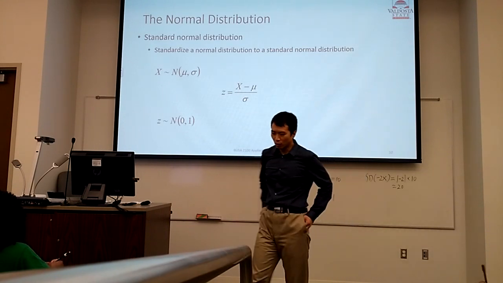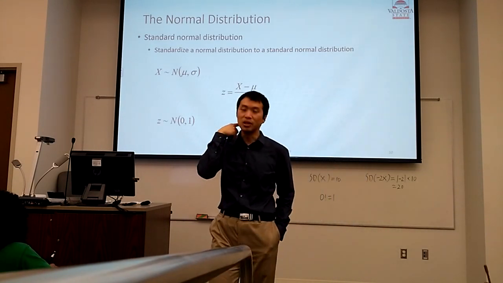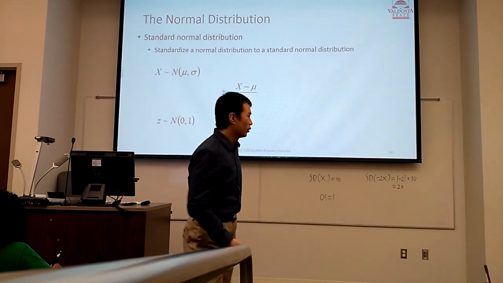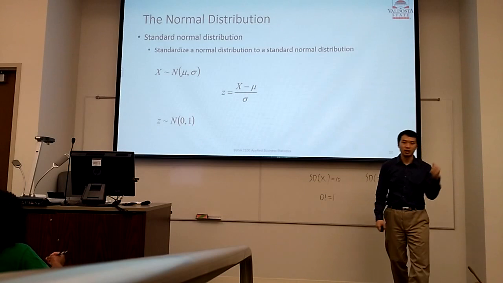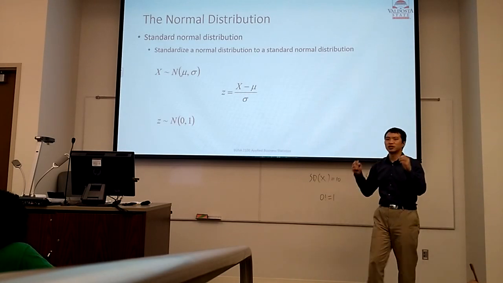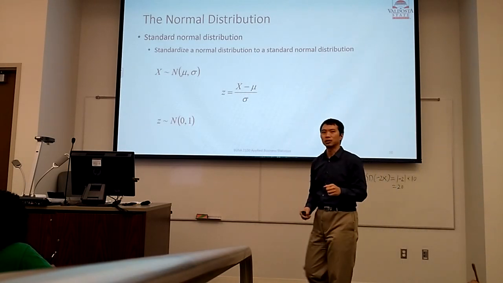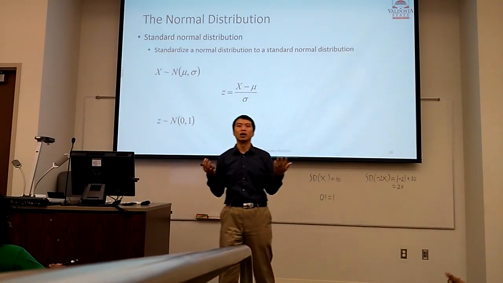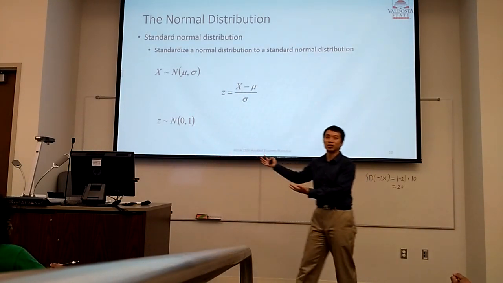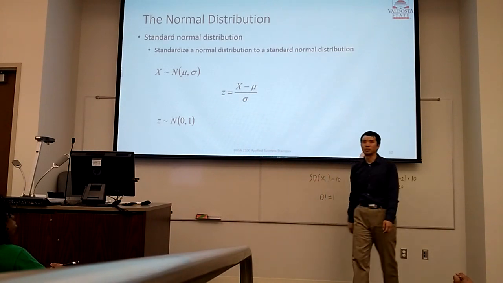Because when we talked about this, we said when we do this standardization, when we calculate this, it doesn't change the shape of the distribution. Okay? So any properties in the original distribution, we will still have after this transformation.